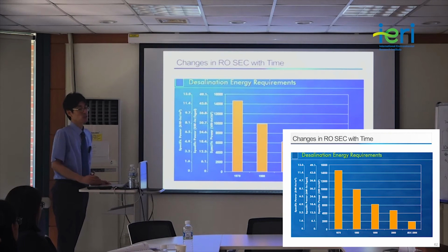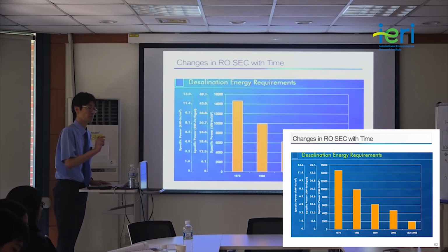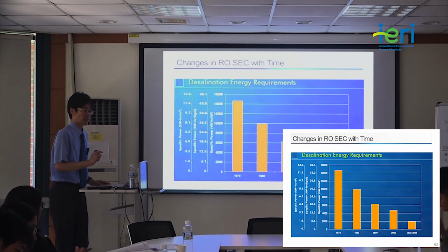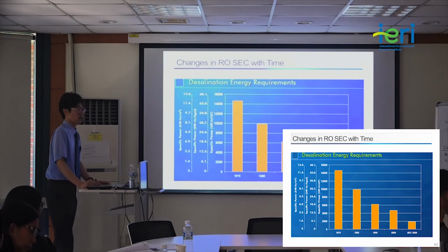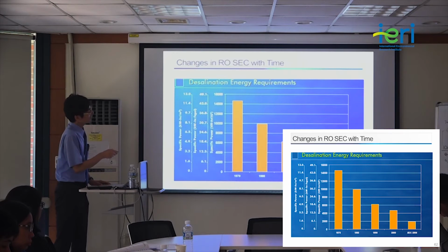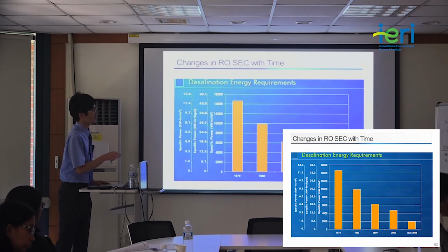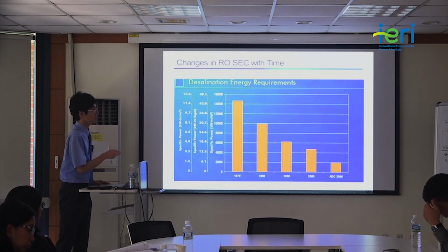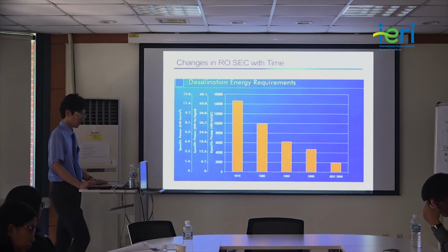And we cannot reduce the energy consumption lower than the thermodynamic energy consumption. We have a very small margin between the thermodynamic, theoretical value and the actual value that we can witness in the modern membrane desalination plant. So we'll have a marginal reduction in the energy consumption in the future, but not a significant one.